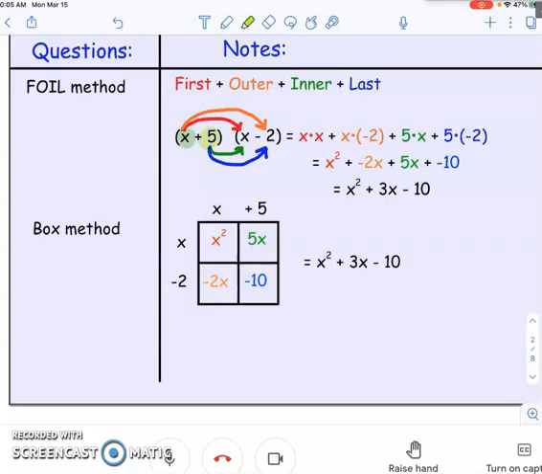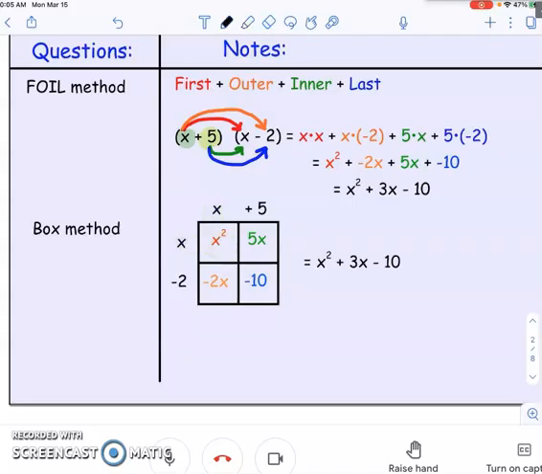Then the box is like finding the area of a square. So you're multiplying for that piece its length and width. X times X for the top left, X times X is X squared.